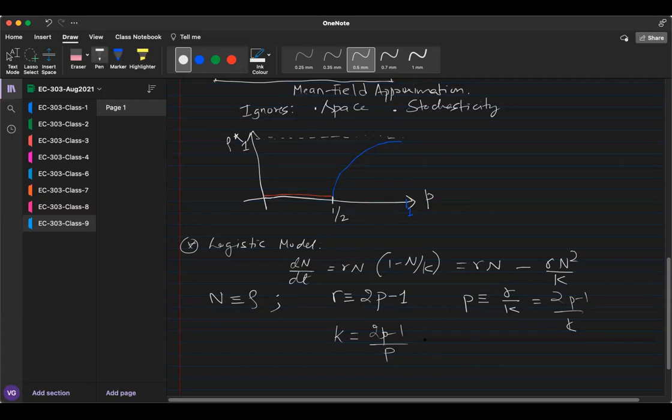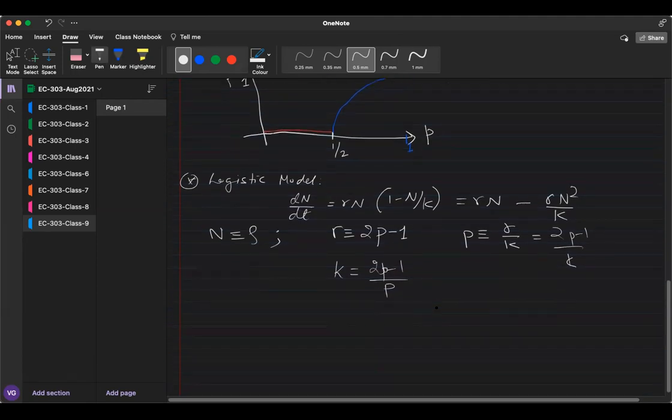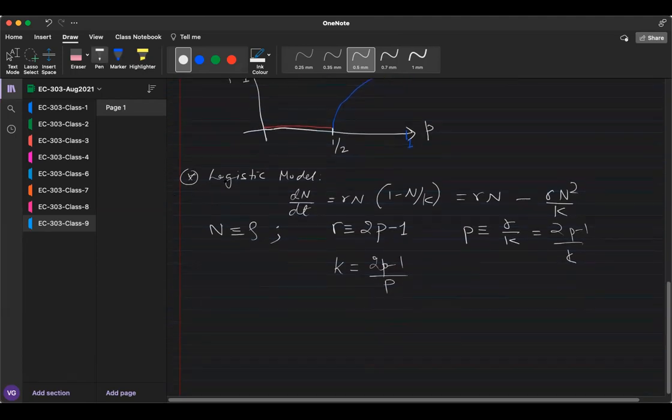Now here is one thing, I don't know how many of you noticed, that the logistic model has a very weird feature. Consider the case r less than 0 in the original logistic model. How does the flow diagram look? You write n dot on the y-axis, n on the x-axis.